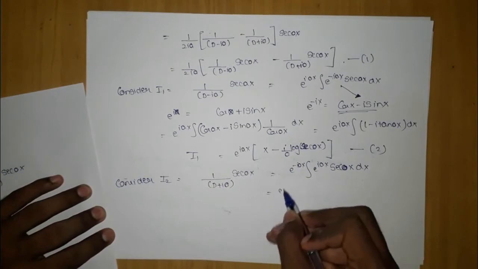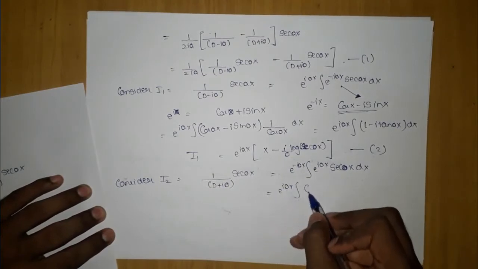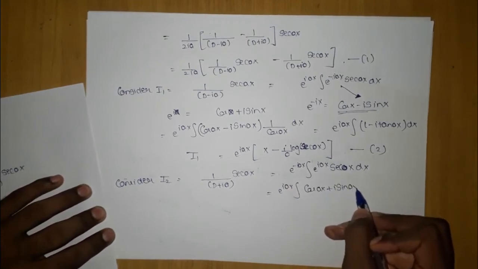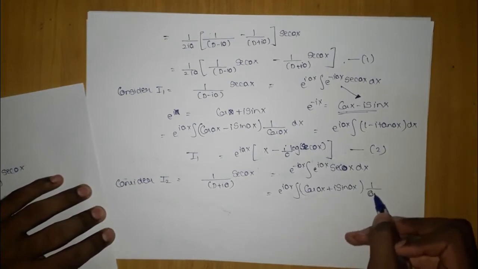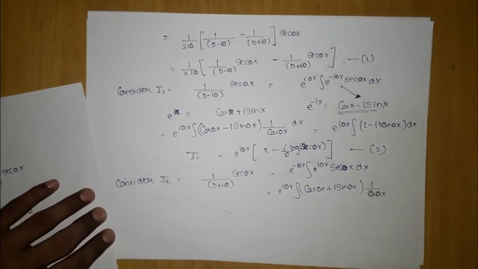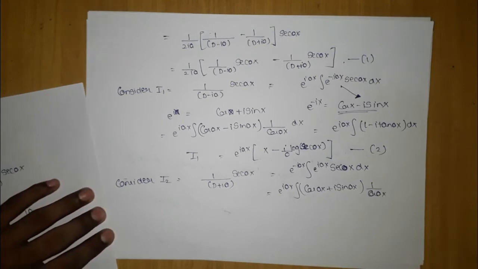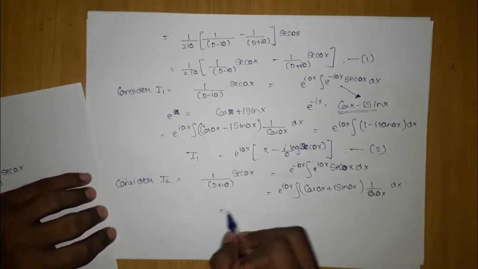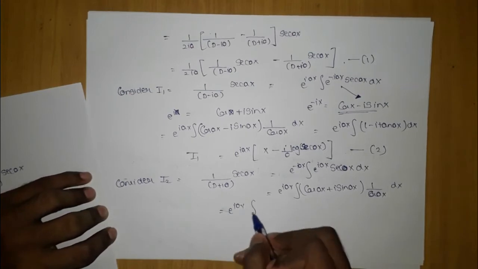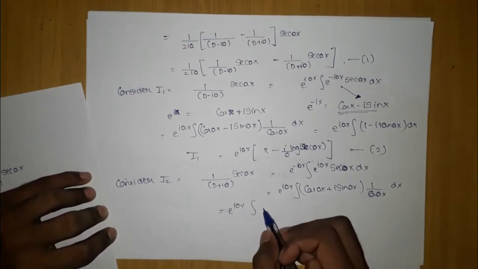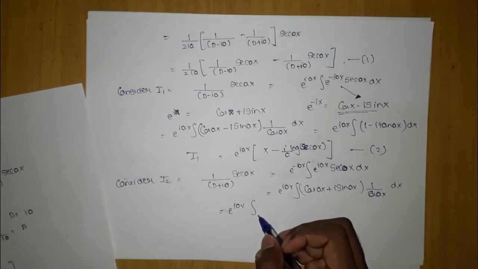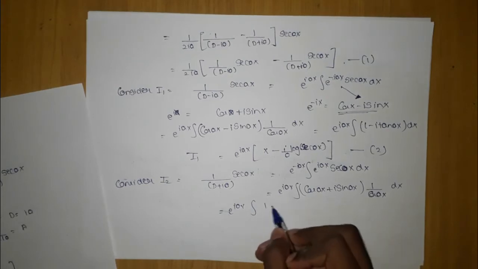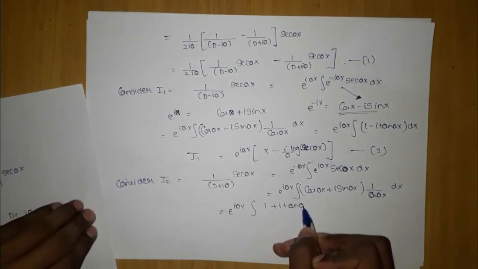Here we will express it in this Cartesian cis theta format. If we express it in this format, we are going to get something like cos ax plus i sin ax into 1 by cos ax. We are going to multiply this inside, which will give me e to the power iax integral, this will cancel out, and here we are going to get, as in the previous one, 1 plus i tan ax into dx.